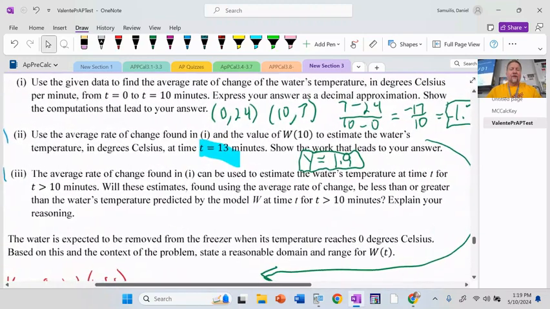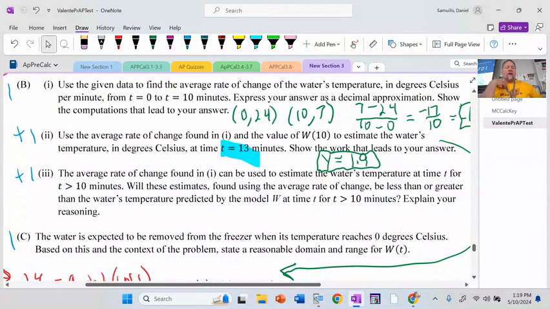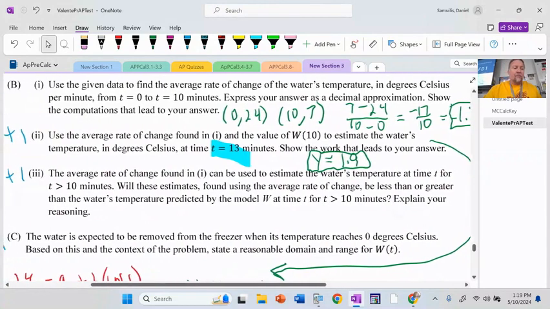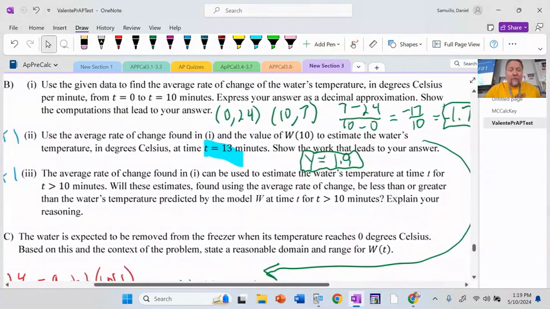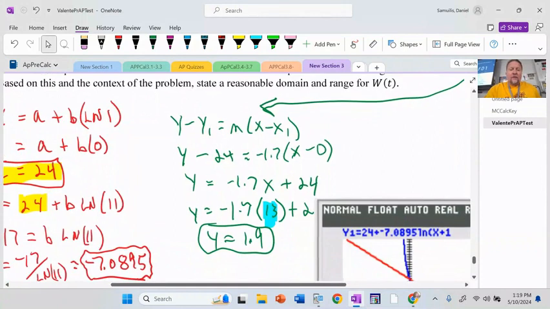But then they go off target here a little bit. Part B1 asks for the average rate of change between these two coordinates. So those two coordinates, you just find the slope of those two coordinates. Should not have to describe that. I will say this for letter B2, I went ahead and found an equation of a line using that slope.